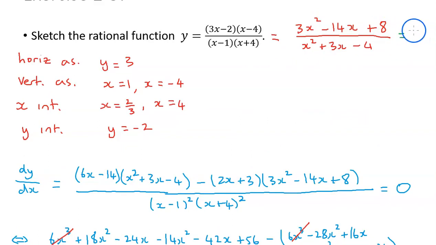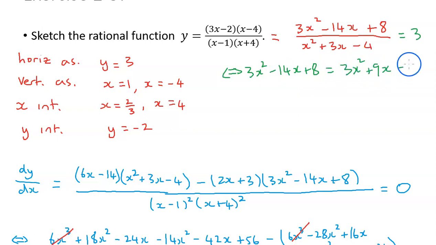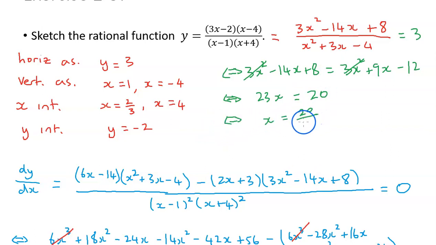Alright, so let's replace it with 3 this time, and then when we do our expansion, we're going to get 3x squared minus 14x plus 8. This should be equal to 3x squared plus 9x minus 12, and then the 3x squareds cancel as they should, and we are left with 23x equals 20, and so x equals 20 divided by 23, which looks much more realistic.